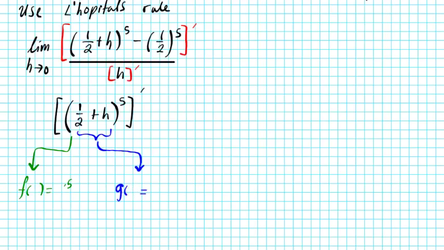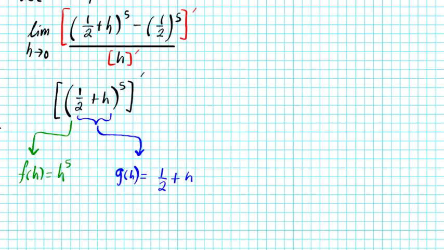Still the same thing. So we have f of h is h to the fifth, and then g of h is 1 over 2 plus h. Alright, so after decomposing the function, what we'll do next is we will differentiate both of them.